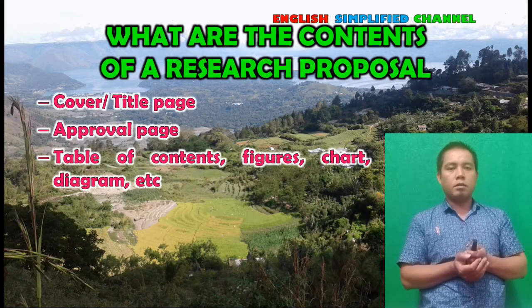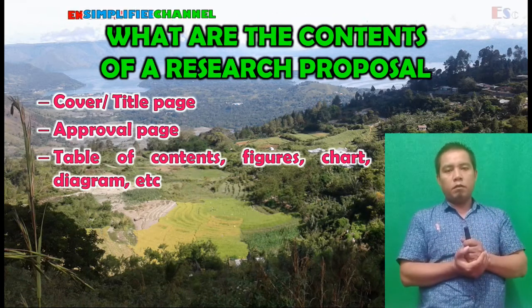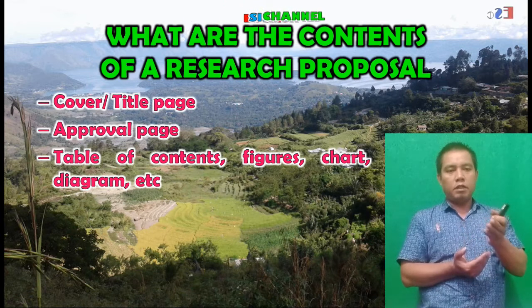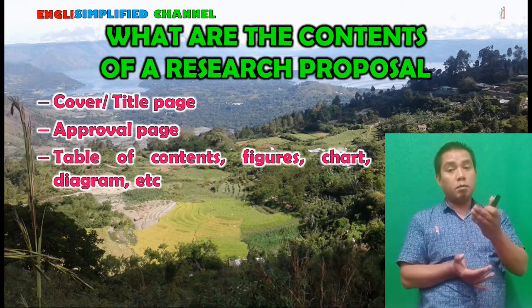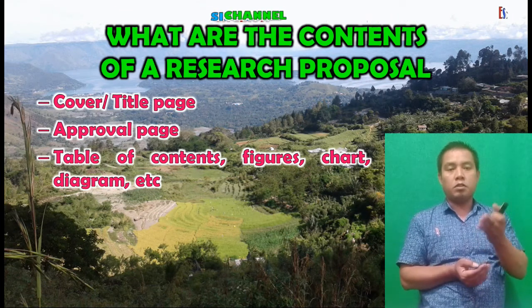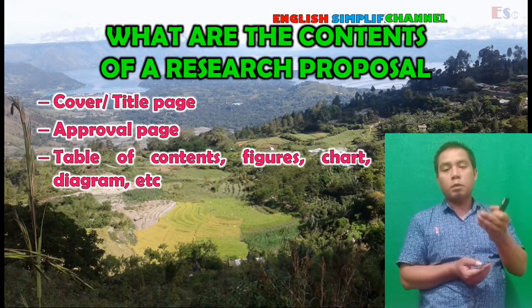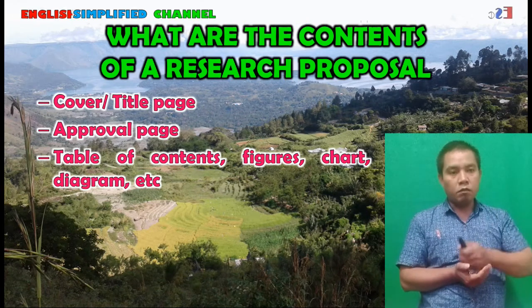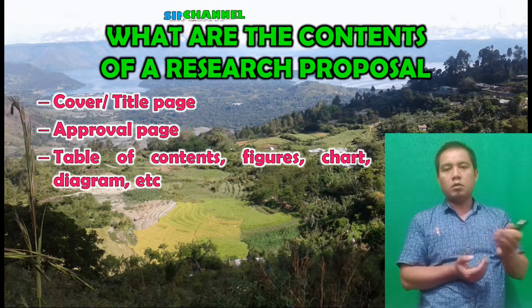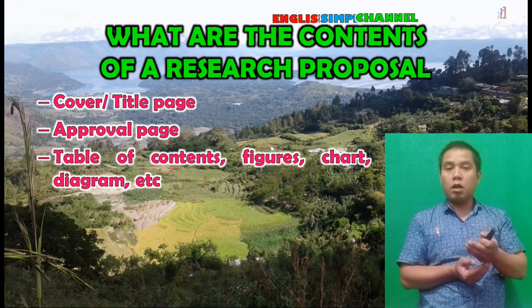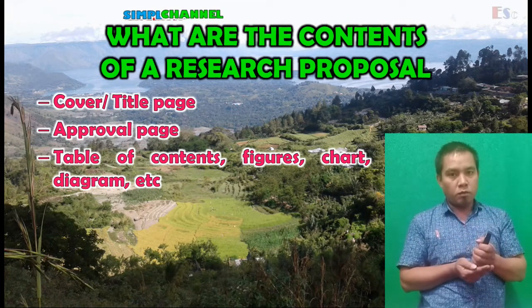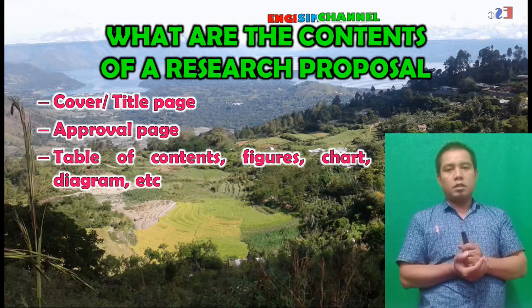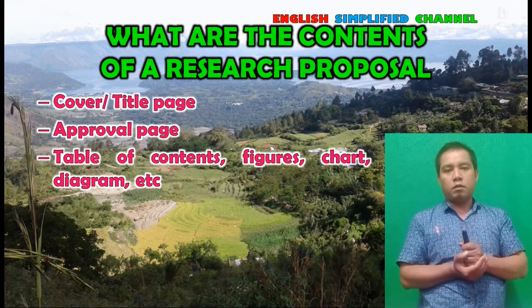And table of contents, figures, chart, diagram. Table of contents is a must. What about figures, charts, and diagram? It depends on your research proposal. If you have figures, chart, or diagram in your research proposal, then you have to make a specific page, just like the table of contents.